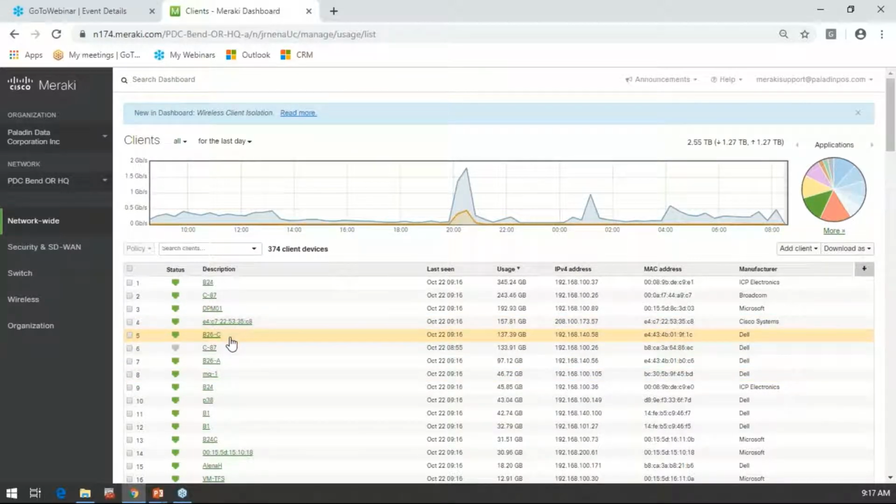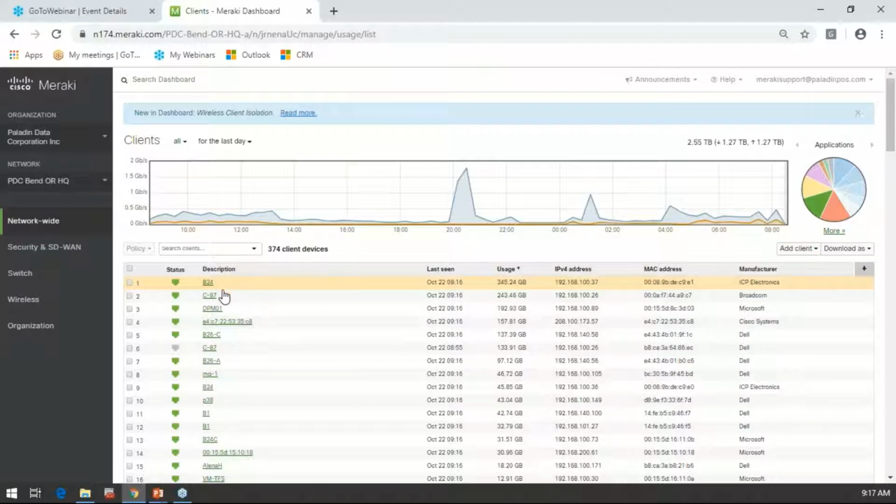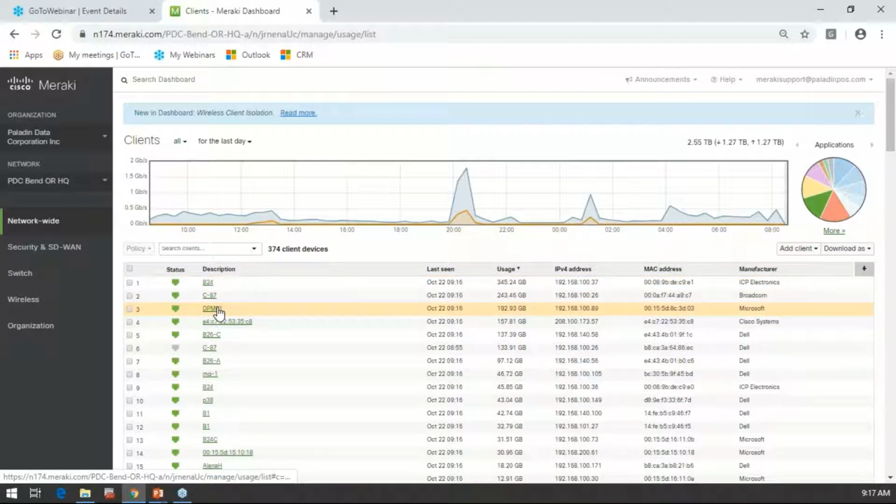When you hover over a device, the traffic pattern for that particular device turns brown at the top of the screen, so you can see which device is contributing to the utilization at any particular point in time.